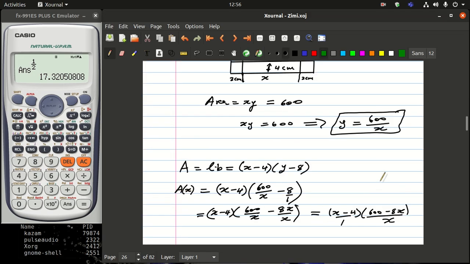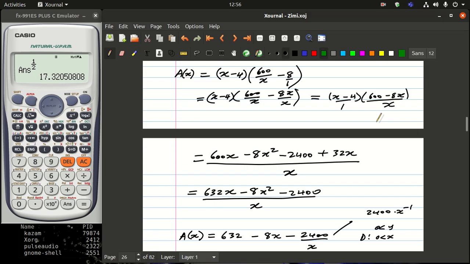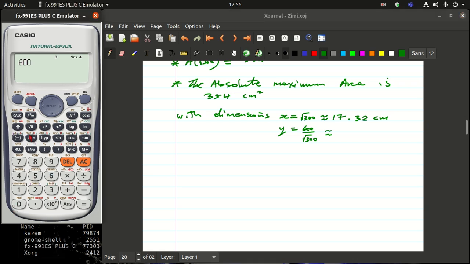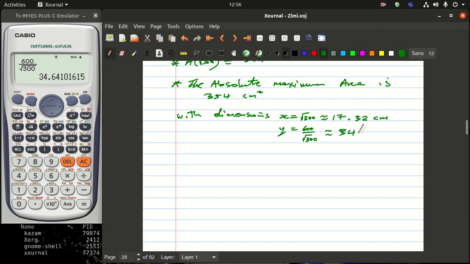Where is y? y is the same as 600 over x. So our y is 600 over the square root of 300. Of course you can say I have 600 and then divide by the square root of 300. What is the answer? The answer is approximately 34.64. That is the value of x, that is the value of y. These are the dimensions of the paper.